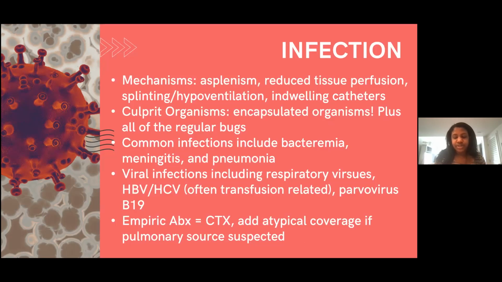In some series, bacteremia accounted for up to 32% of febrile illnesses. These patients are also at risk for other infections besides bacteremia, such as meningitis and pneumonias, and even vaso-occlusive disease of the bone and necrosis of the bone puts you at higher risk for osteomyelitis in those areas. It can be really hard to tell the difference.